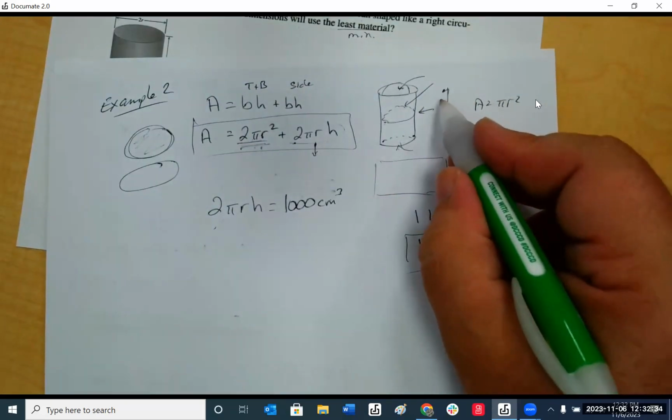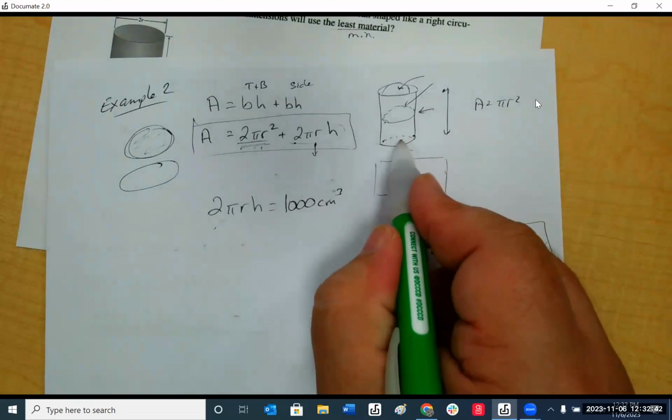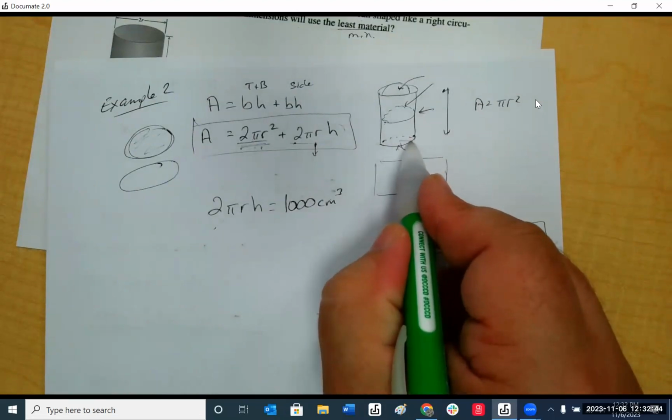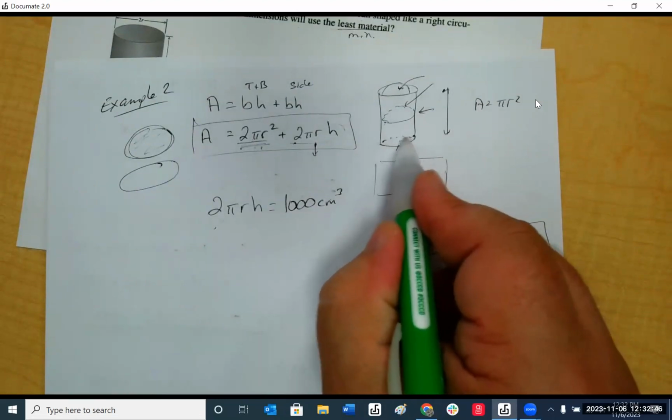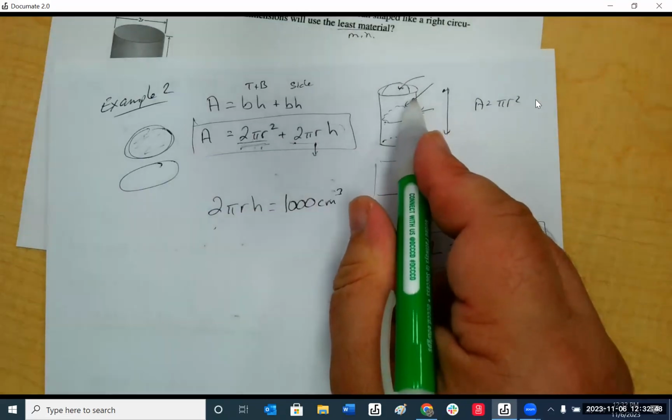Because we want the volume. The volume is the radius times the height.